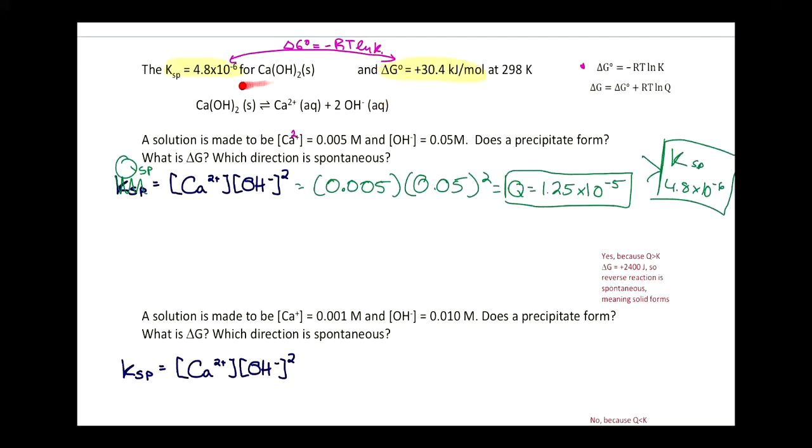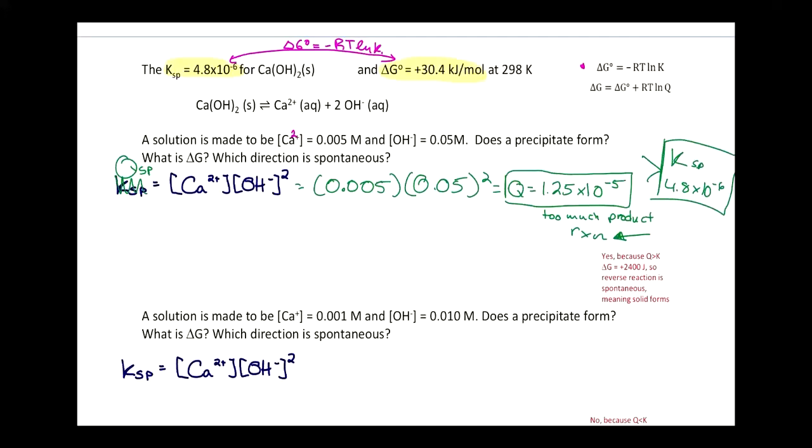So if this is my reaction and I have too much product, which way does the reaction have to shift? Backwards. Yes, and if it goes backwards, what should our eyeballs see? A solid is produced. Yeah, that's what we're going to see. So here, Q is larger than K, too much product, so the reaction shifts backwards, and we should see a solid form.